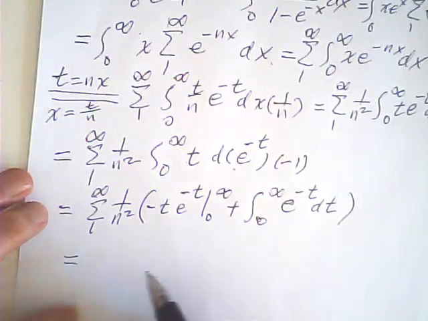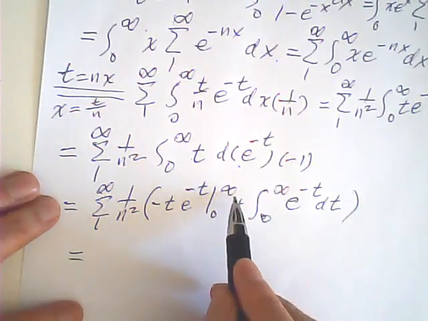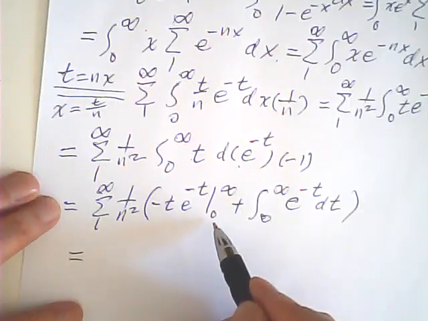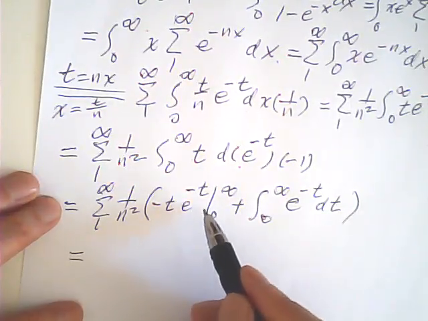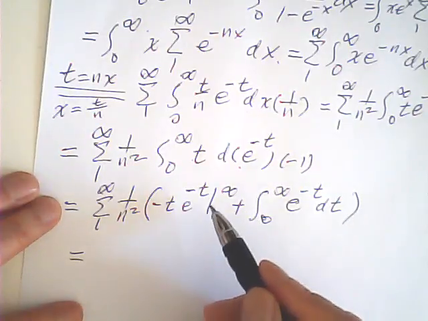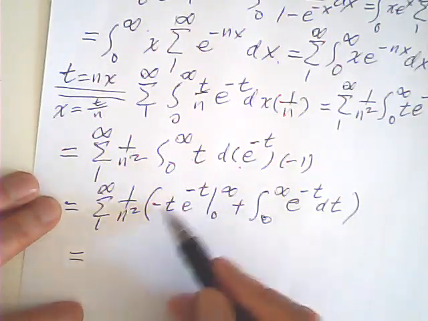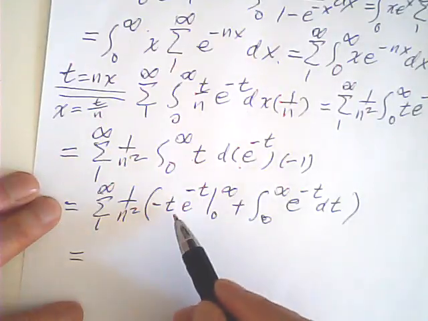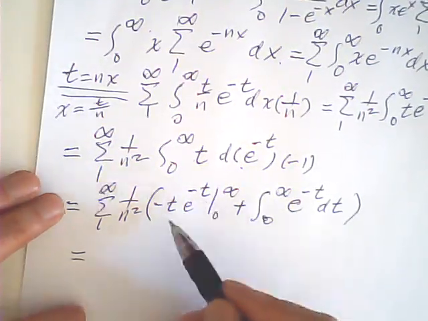When t approaches 0, it is 0. When t approaches infinity, use L'Hopital's rule.